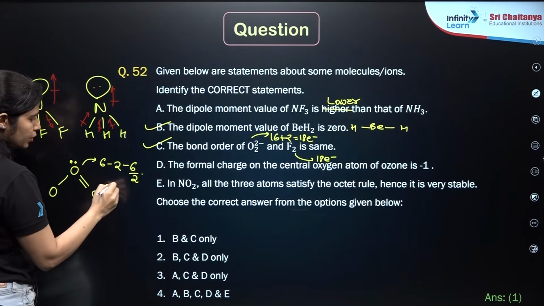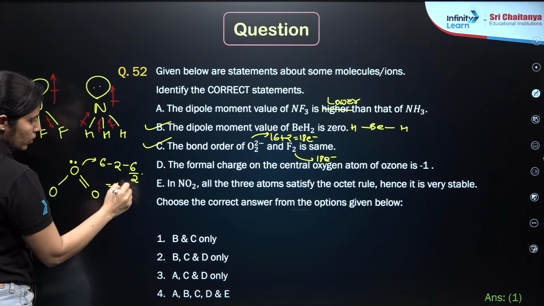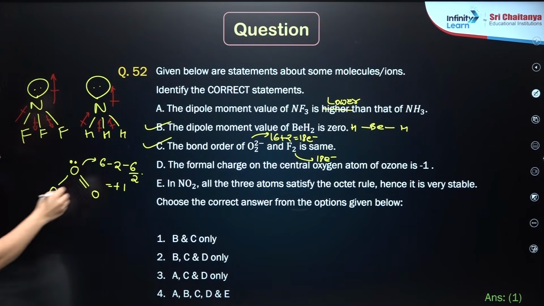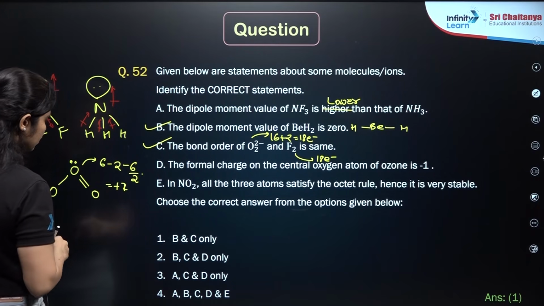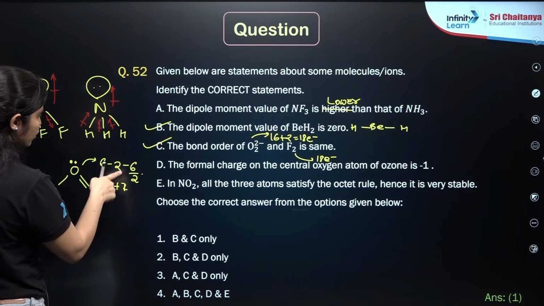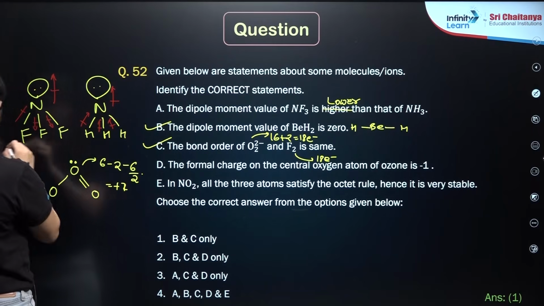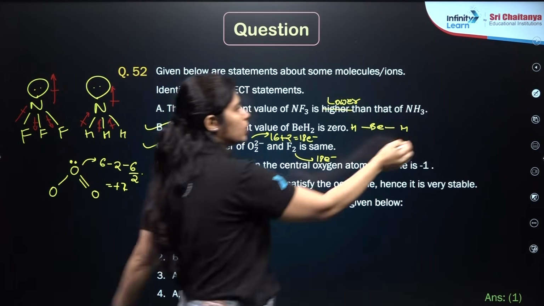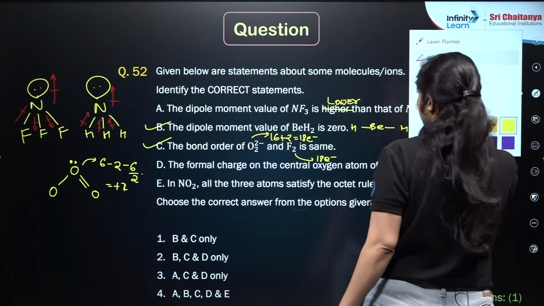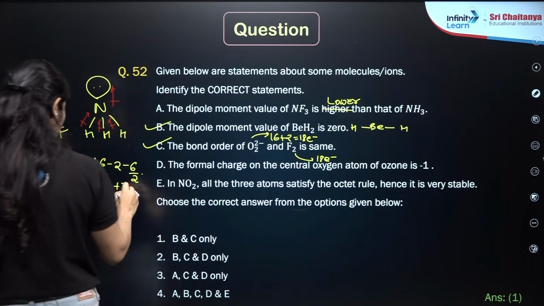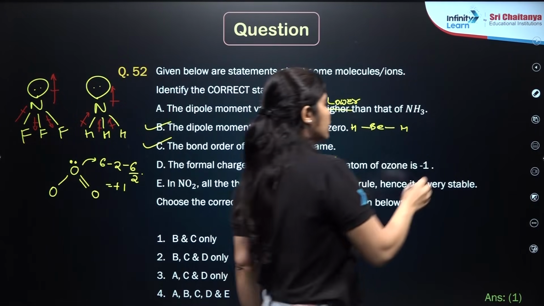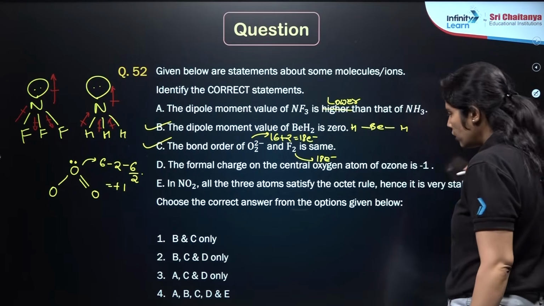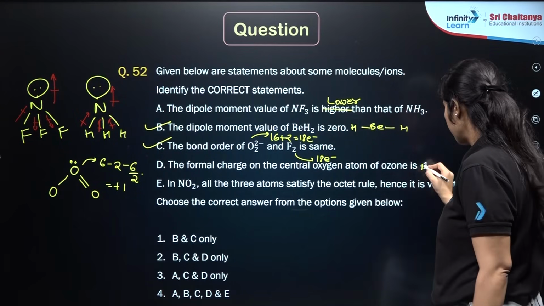So this is going to be plus 1. Plus 2 actually, isn't it? So we have 2 and this is going to be 3. Plus 1. So this is not -1, this is actually plus 1.